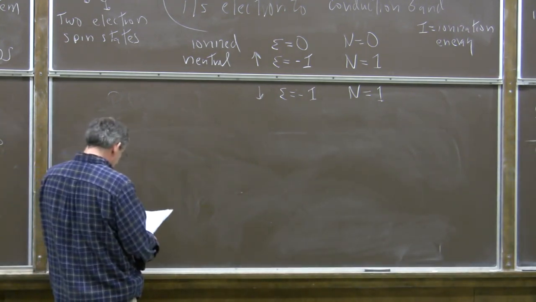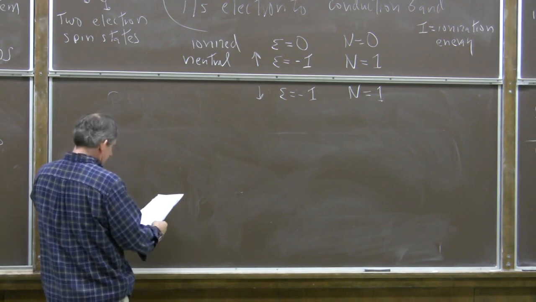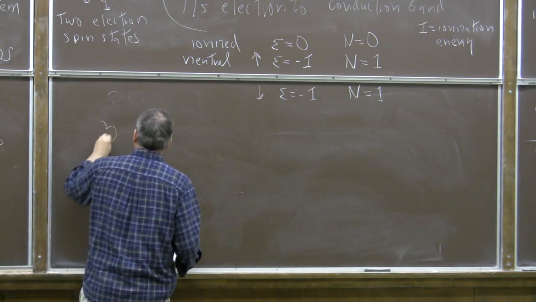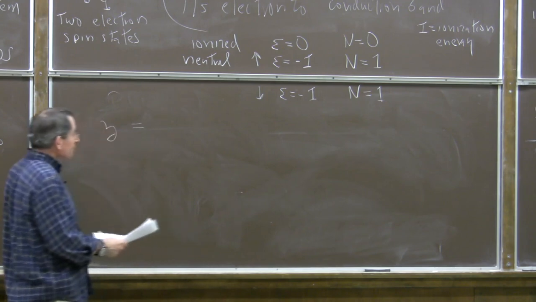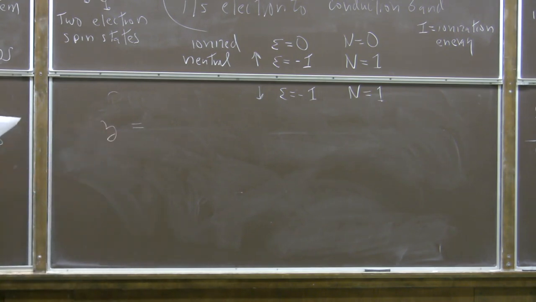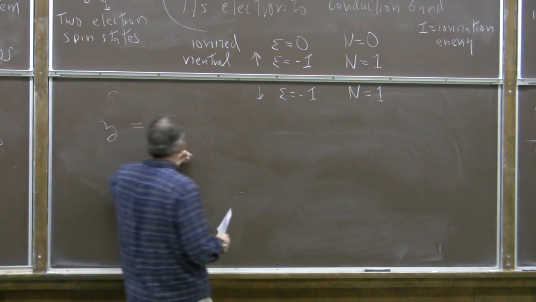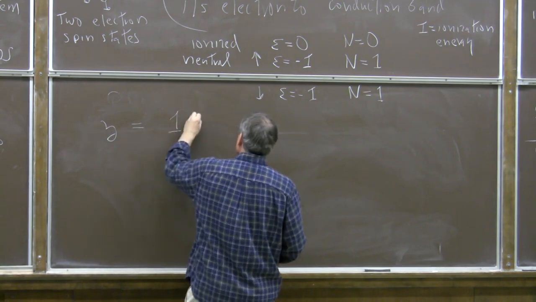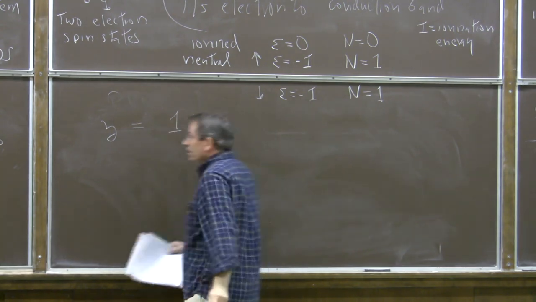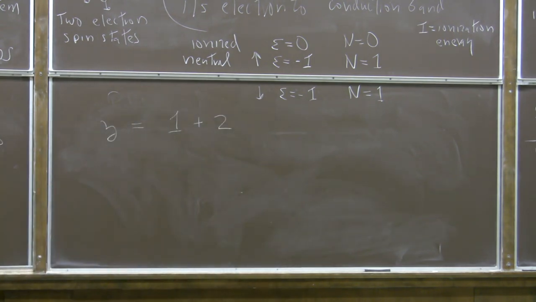So the Gibbs sum, I have to sum over these three states. If we're in the state with zero energy and zero particle number, then the Gibbs factor is just the exponential of 0, also known as 1. And then there are two neutral states, so I'll put in a factor of 2, adding up the contribution from the spin-up state and the spin-down state.